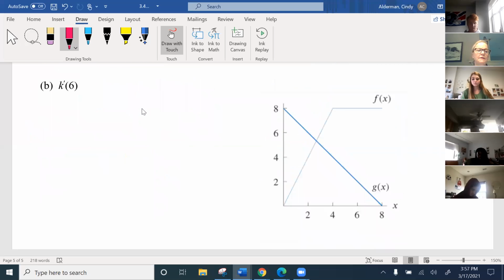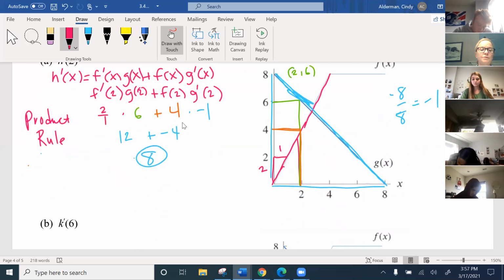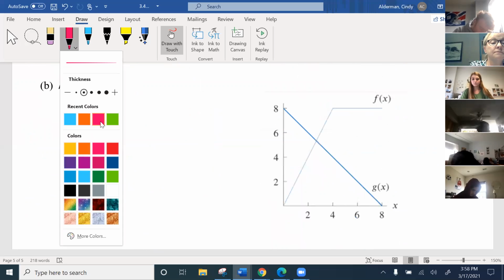Okay. All right, now this time they want you to find k of 6, and k of 6 is the function up here in the directions that are asking you to divide, right? So you're going to use the quotient rule here.